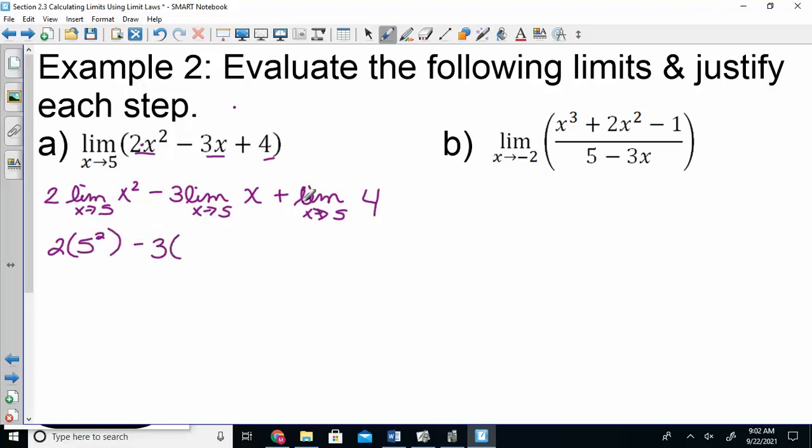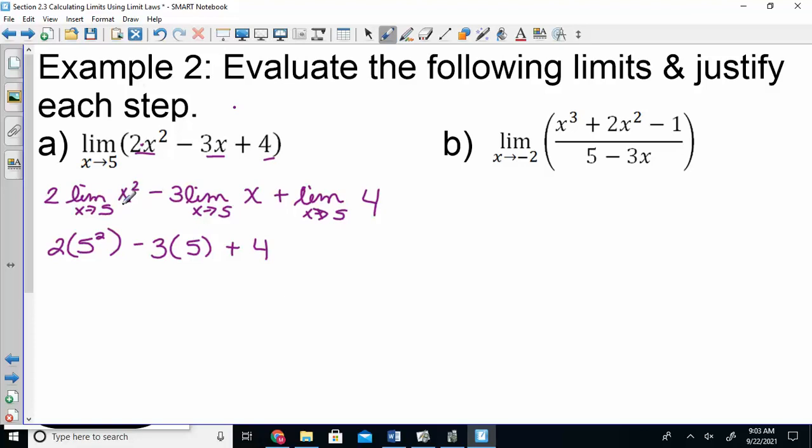Minus 3 times the limit as x approaches 5 of x, you can just plug in that 5. It's just a 5. Plus, what did we say the limit of a constant was yesterday? Back to your rules. The limit as x approaches a of a constant is the constant. So this is just 4.